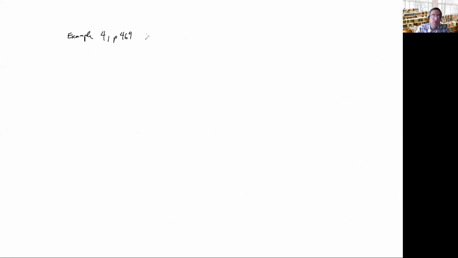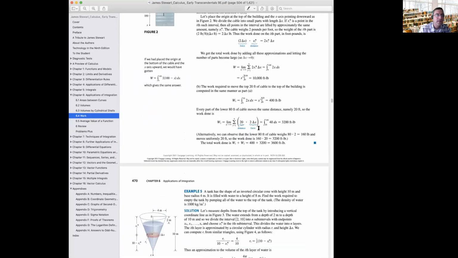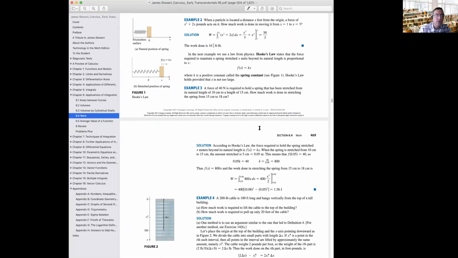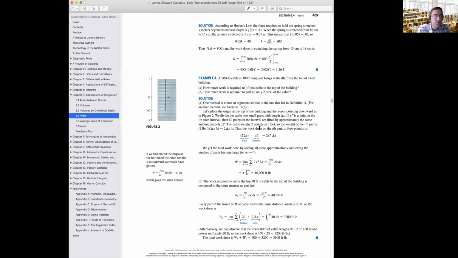And I'm only going to do part A, just because that has the key idea. Let me try to pull up the text. That's over right here, a cable problem, example 4.